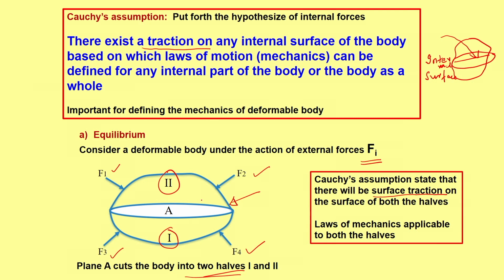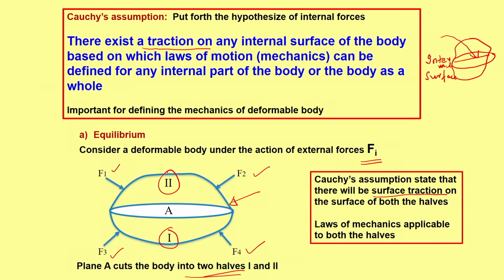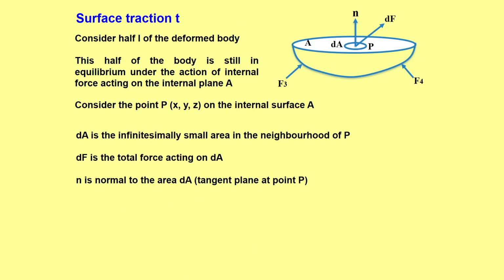If you consider half 1 or half 2, it is one and the same; the overall response of the body can be defined with either. And what needs to be stressed here is that there is a traction that gets developed on the surface which is cut by the plane A. So, that is what we need to focus on.